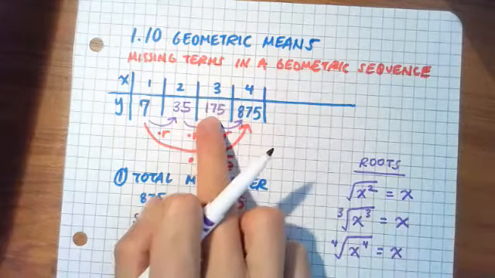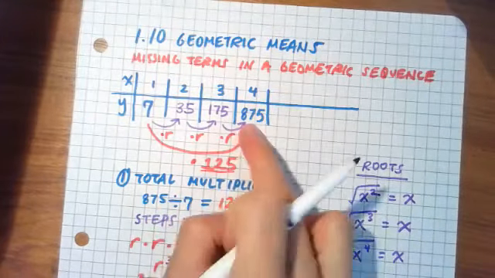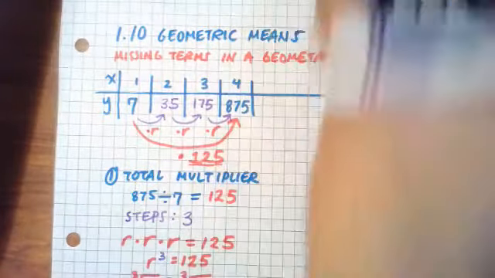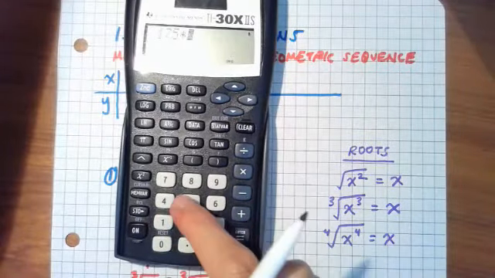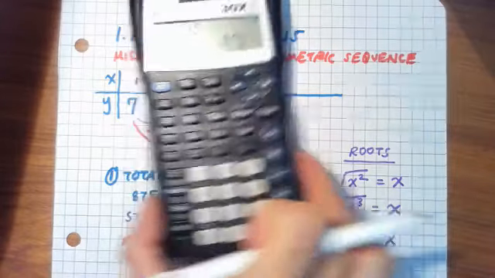And then 175 times 5 should equal 875. Let's just double check. 175 times 5 is equal to 875. Checks out.